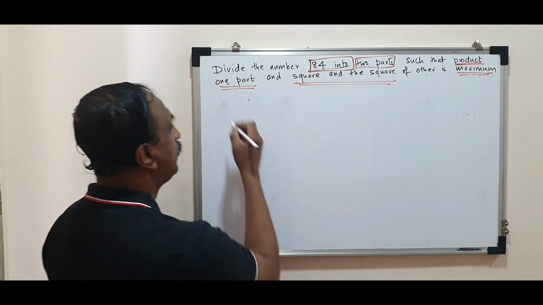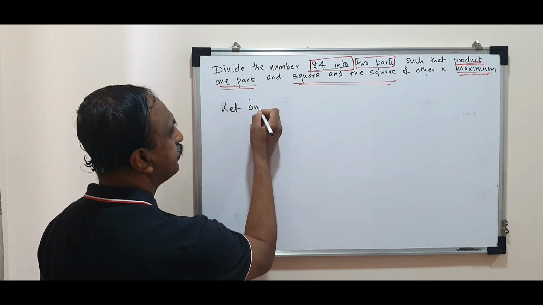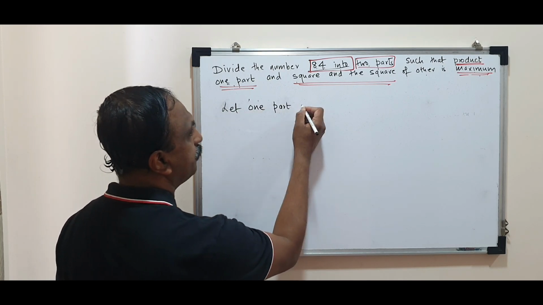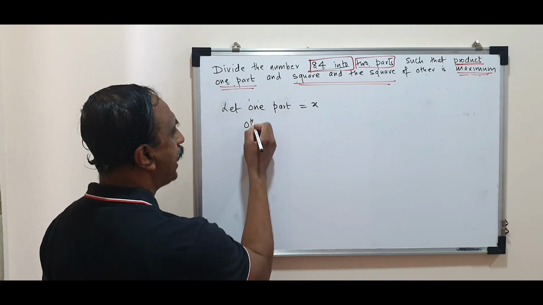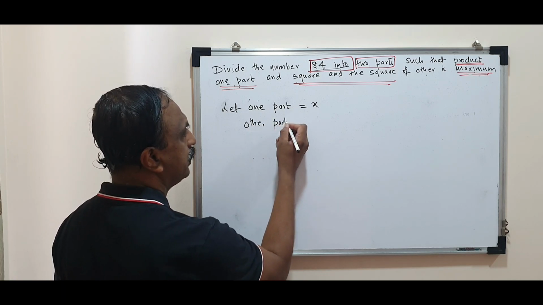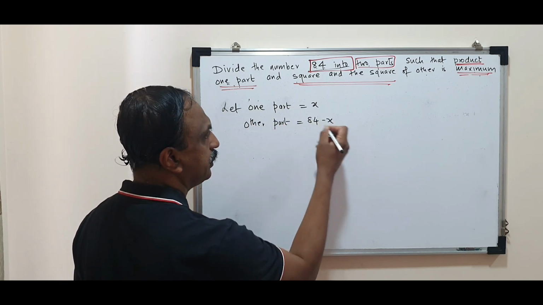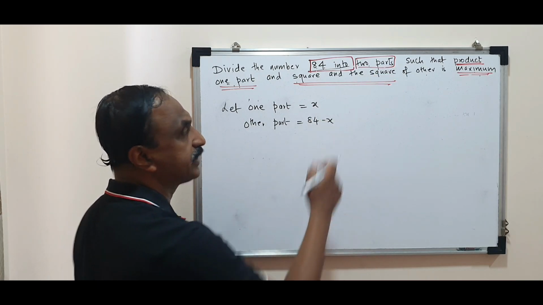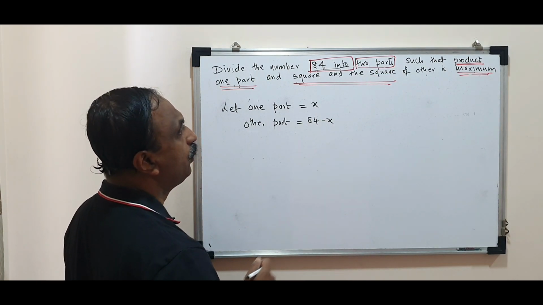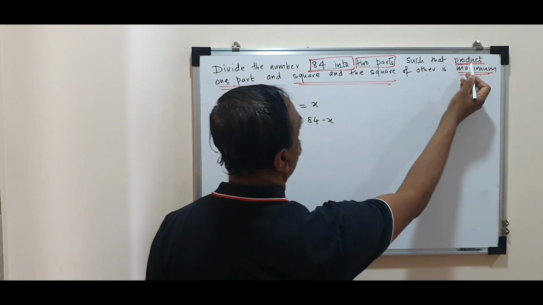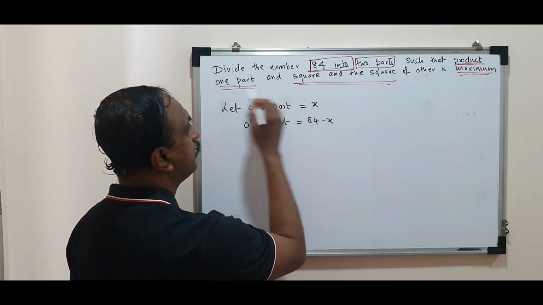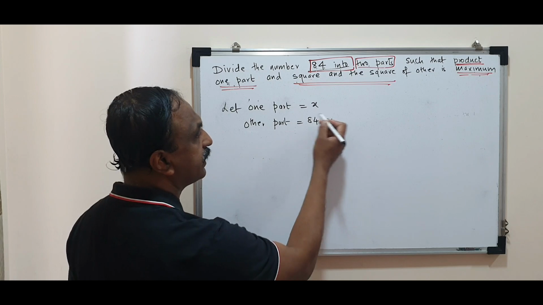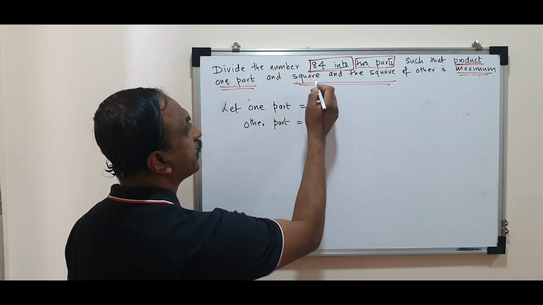So I'll take, let one part be x. Then the other part is 84 minus x. So that 84 is divided into two parts. One is x, another is 84 minus x. Now what it says, such that the product of one part, let's take this as the first part, and the square of the other.